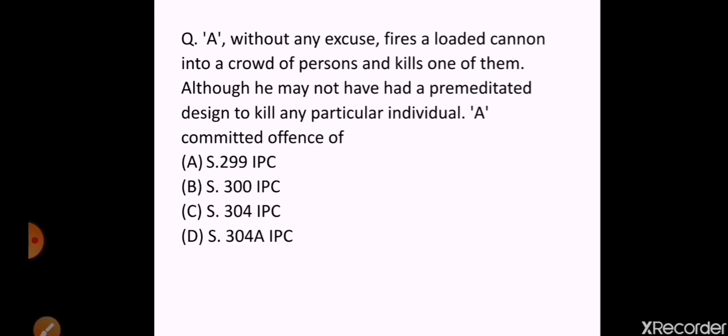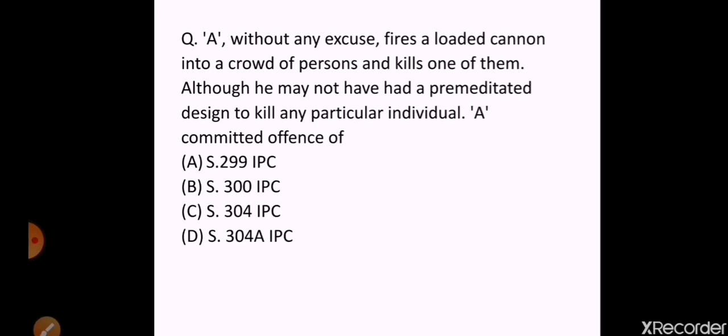A, without any excuse, fires a loaded cannon into a crowd of persons and kills one of them. Although he may not have had a premeditated design to kill any particular individual, A committed the offence of: A, section 299 of IPC; B, section 300 of IPC; C, section 304 of IPC; D, section 304A of IPC.